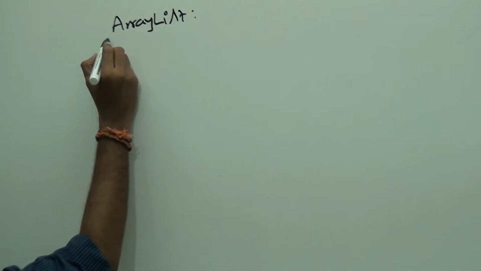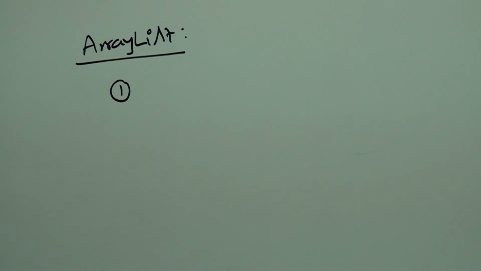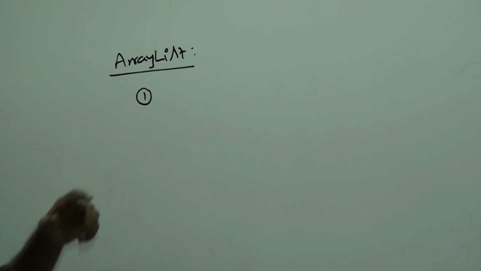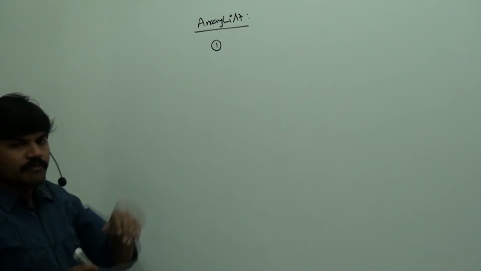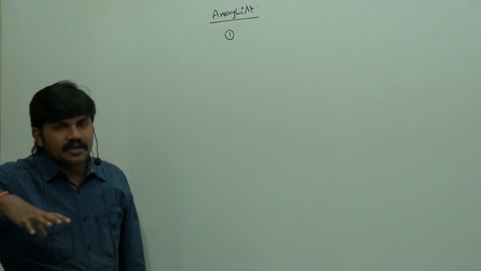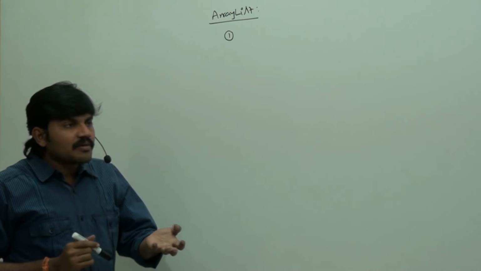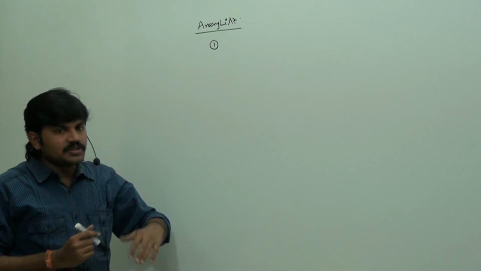ArrayList. The first point: what is the underlying data structure for ArrayList? Do you know? Every collection class is implemented based on some standard data structure. Based on which data structure is the ArrayList concept implemented in Java?